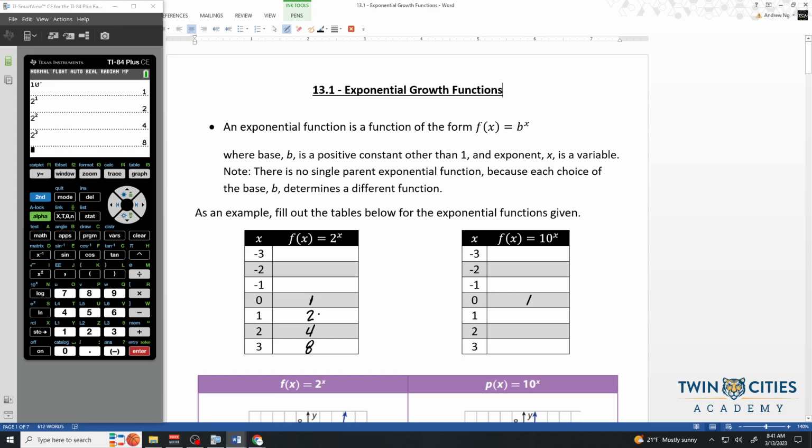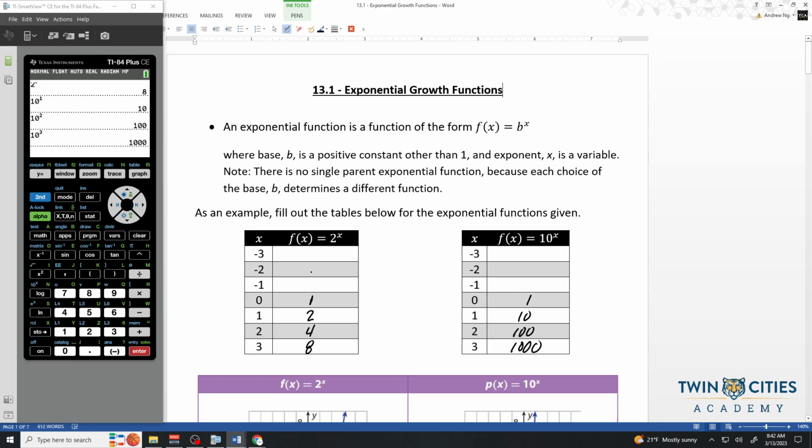So this makes sense. 2 to the whatever just means 2 multiplied by itself that many times. So then, using that same logic, 10 to the first is 10, and then multiplied by another 10, 10 to the second is 100, and 10 to the third power is 1,000. So this is 10, 100, and then 1,000.